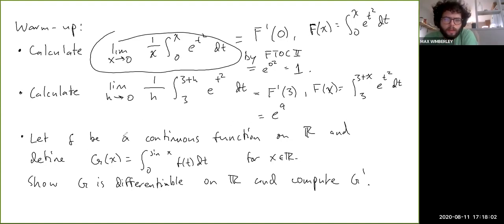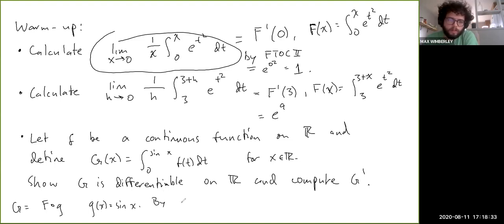Okay. And for the last one, so here we would say g is like f composed with little g, where little g of x is sine of x, right?